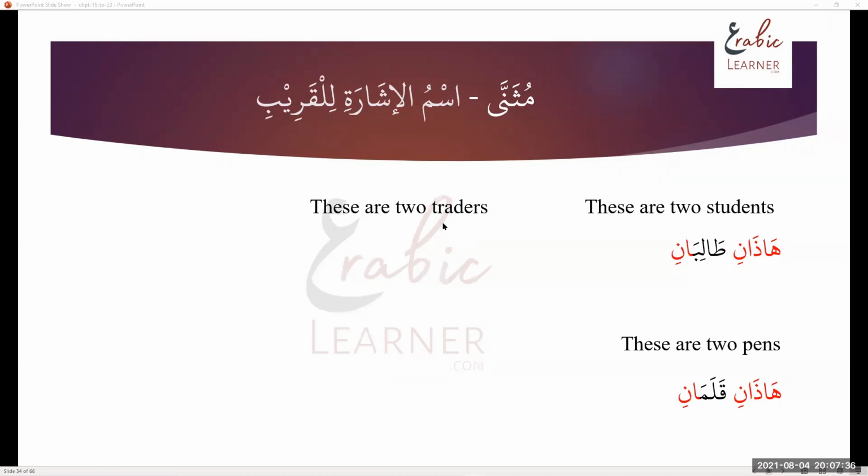Yes, Hadani tajirani. Good. These are two keys.